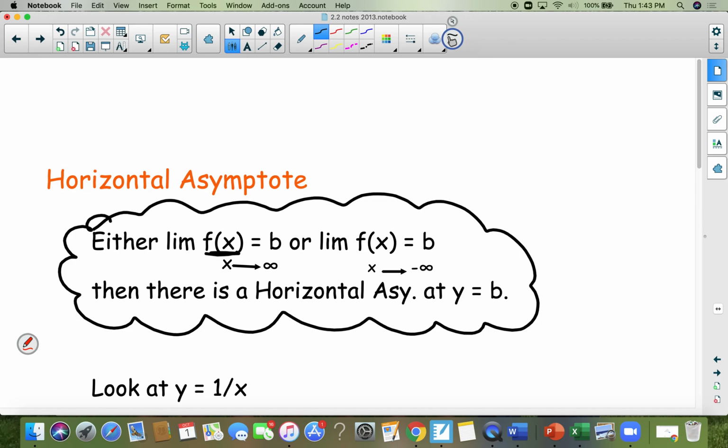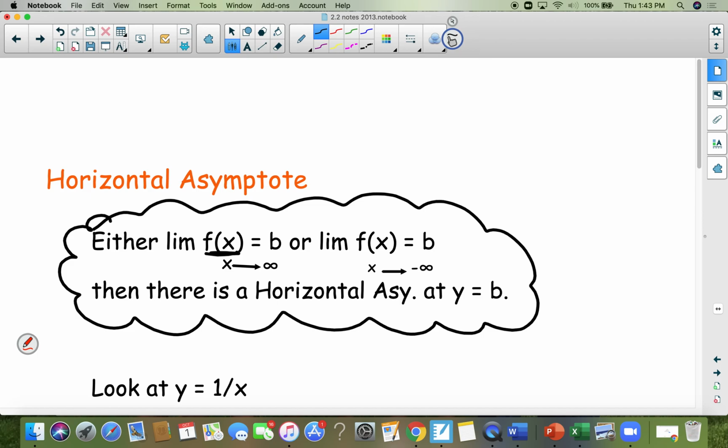The limit of some function as x is getting bigger and bigger gets closer and closer to some number, or if the limit of f of x as x is approaching negative infinity gets closer and closer to that number, then there is a horizontal asymptote at y equals b.